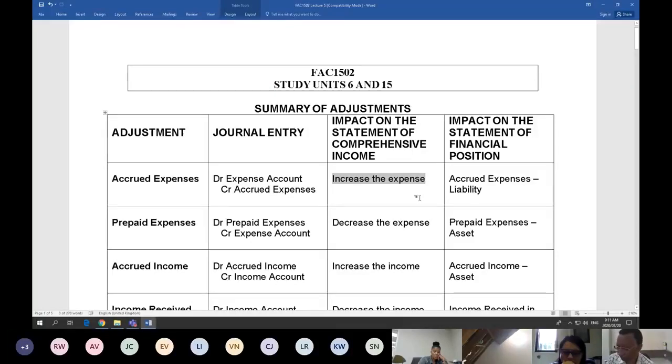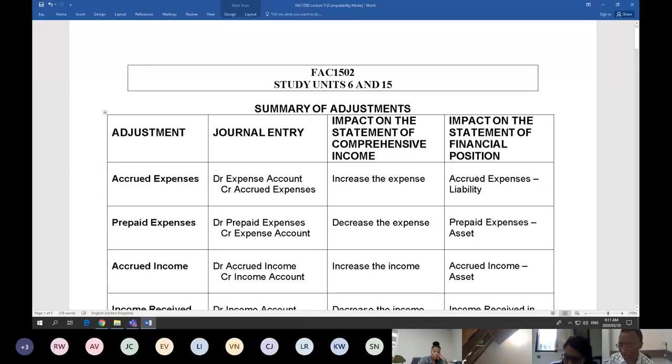For example, if your trial balance showed telephone as 5,000 Rand and you didn't pay 500 Rand worth of telephone in the last month, then your expense in your statement of profit and loss and other comprehensive income is the 5,000 plus the 500. So you will show 5,500 as your expense. So your expense will increase.